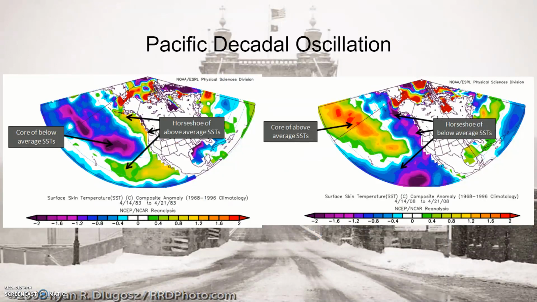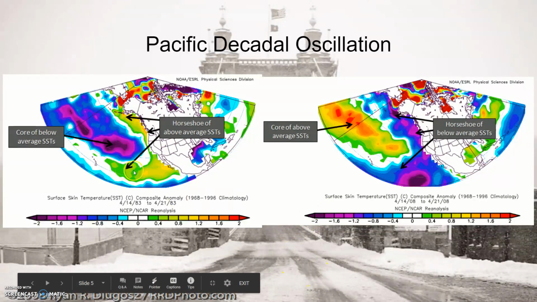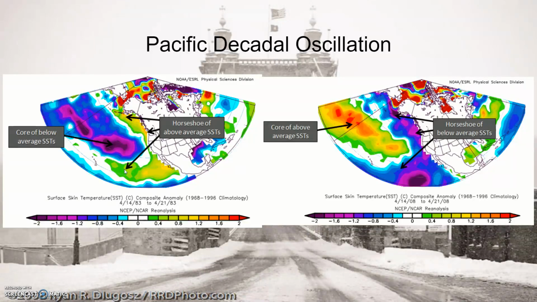So here's a look at the PDO. Typically, you're looking for this horseshoe of warmer than average temperatures in the Pacific. We have more than a horseshoe currently. We basically just have this giant blob of warmer than average sea surface temperatures.